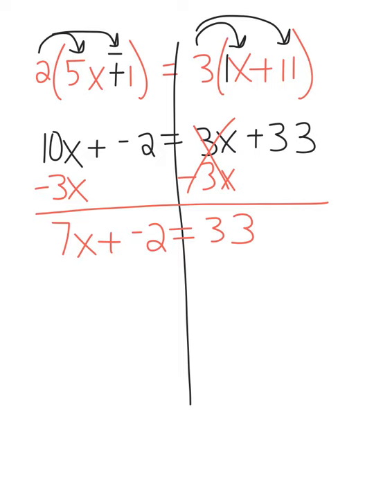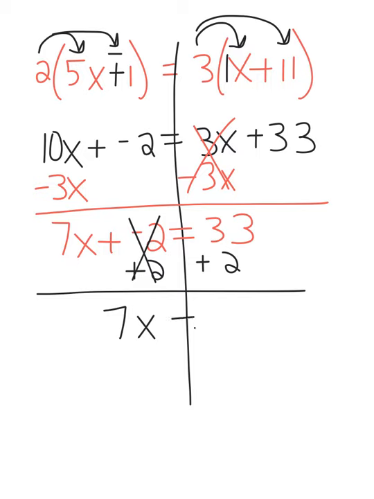And we need to go ahead and now get the variable all by itself. It's a 2-step equation. And so the inverse of minus 2 would be add 2. Whatever we do to one side, we always do to the other. So I have a 7x on the left. 33 plus 2 is 35 on the right. I'm super close.